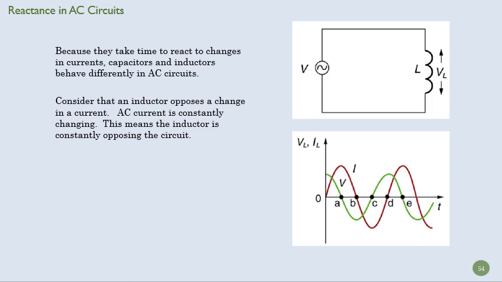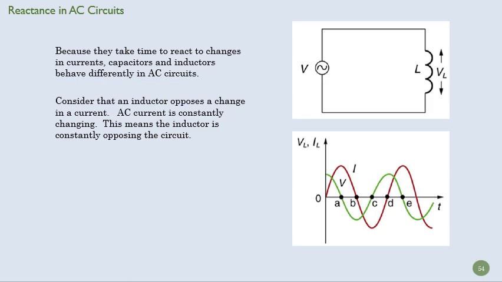So let's think about an inductor. When we turn on the voltage here, say our current starts going in this clockwise direction. What does that inductor do? It resists that change in current, right? So it's going to create a voltage pointing upward here to try to block that clockwise current.